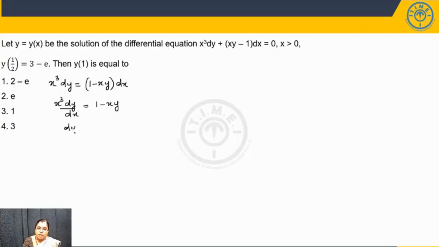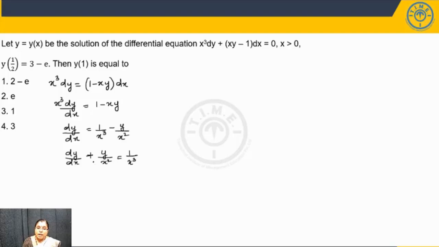So we have dy by dx equal to 1 by x cube minus x y by x cube. One x gets cancelled and you'll get y by x square. Now let us rearrange and we'll get dy by dx plus y by x square equal to 1 by x cube.